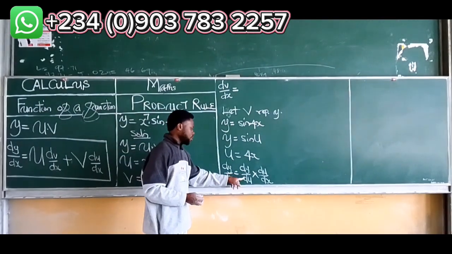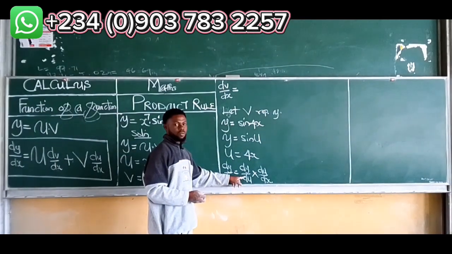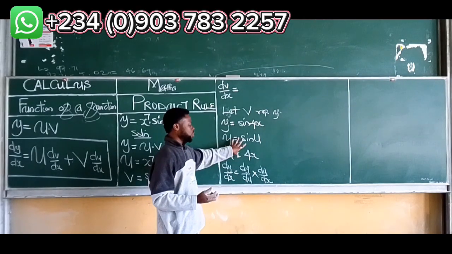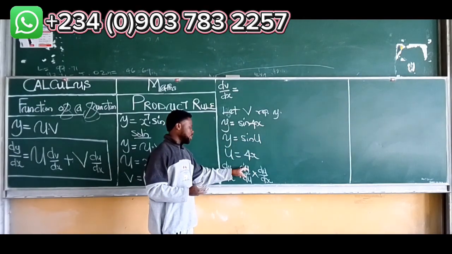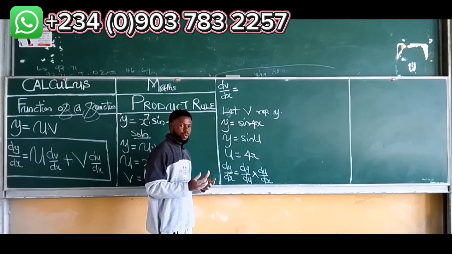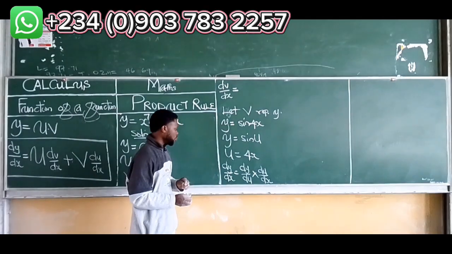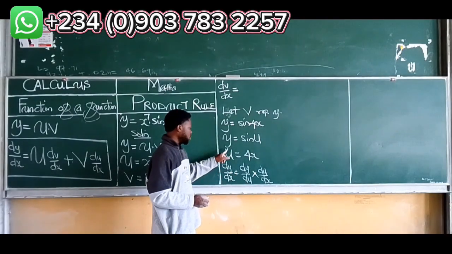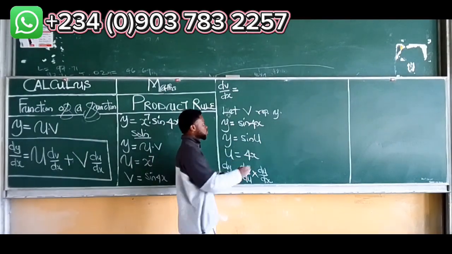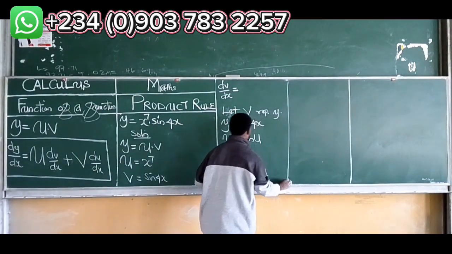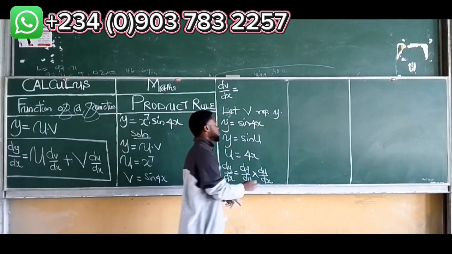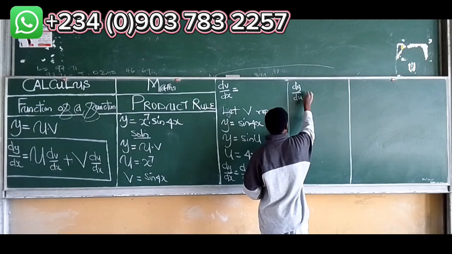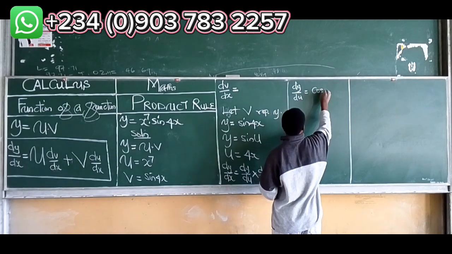Now, dy over du is the derivative of y with respect to u. That means the set of equations that will be considered as dy over du on the board is the equation that is made up of only letter y and u. So to find the derivative of sine u, we have that dy over du is equal to cos u.